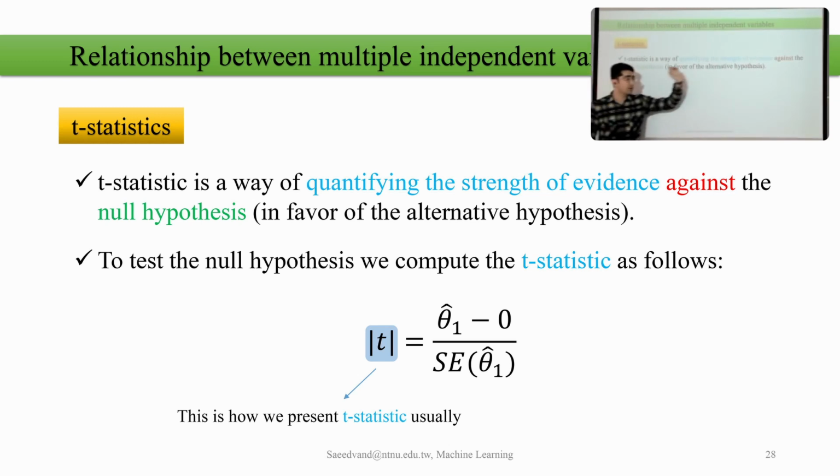So we want to find some evidence against the null hypothesis. What does the null hypothesis say? There is no relationship between x and y. We don't want that, right? We want a relationship, and that's called the alternative hypothesis. We want to prove that the alternative hypothesis is working, not the null. So this statistic is trying to show evidence against it.